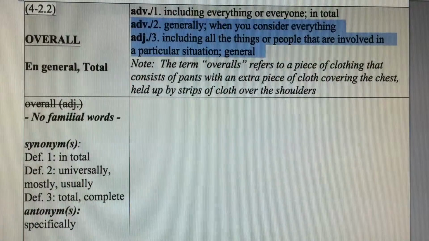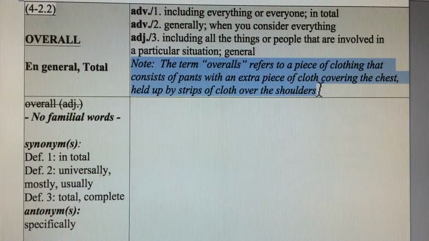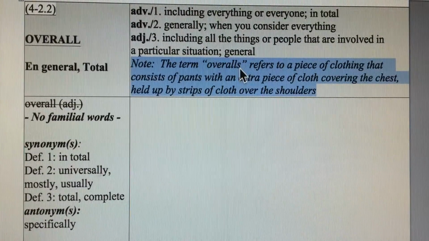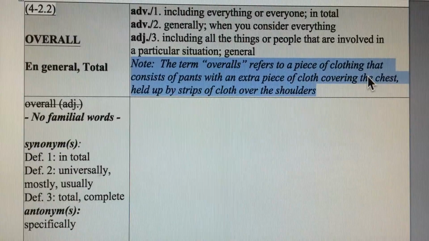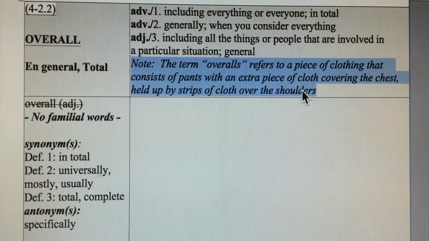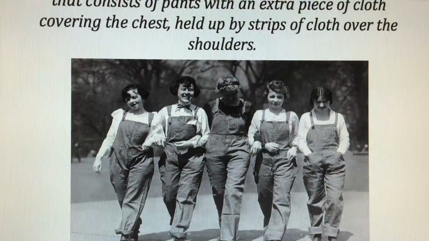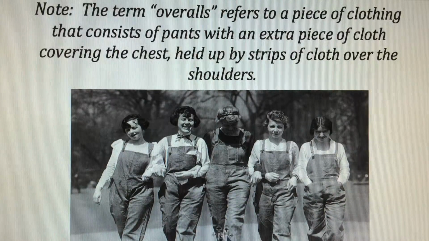Okay, don't get mixed up with the noun. It doesn't relate. There's a noun form, overalls, with an S on it, that refers to a piece of clothing that consists of pants with an extra piece of cloth covering the chest, held up by strips of cloth over the shoulders. And that's just a long description to describe this piece of clothing worn by these lovely ladies.